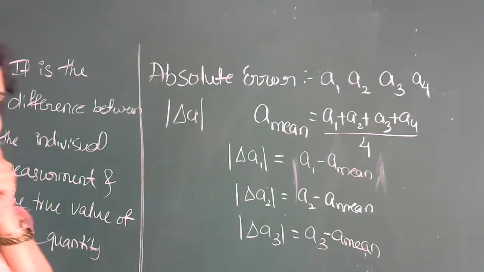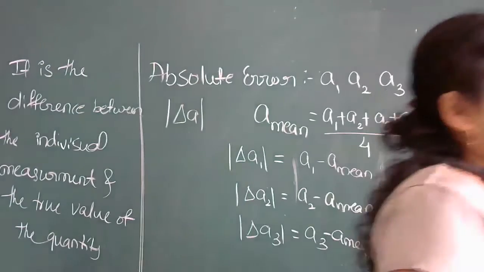So this is known as the absolute error. You can see it on the board.